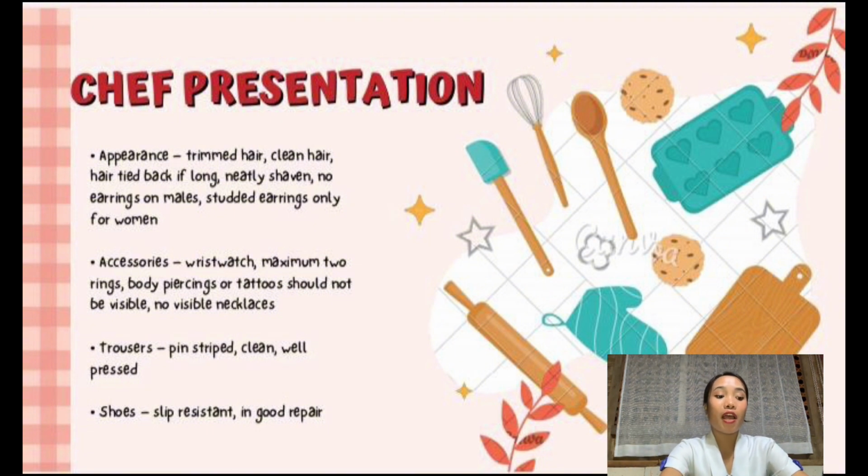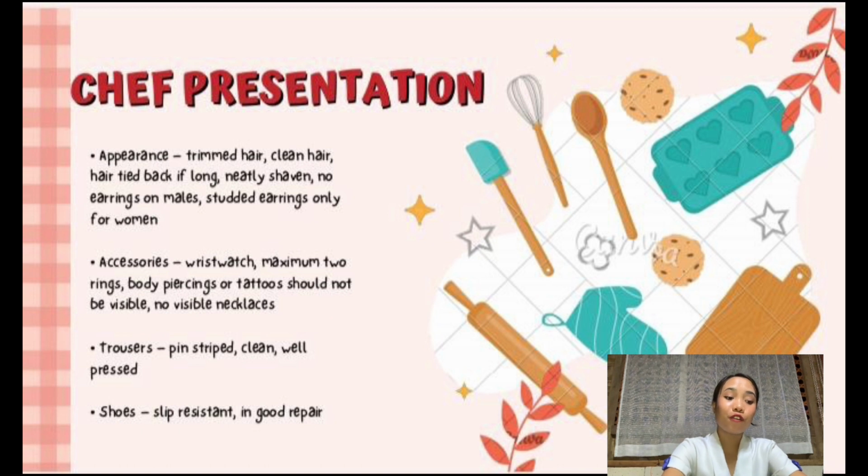So, in summary of the representation of a chef, being presentable as a chef is important for professionalism, food safety, customer perceptions, attention to detail, and leadership. So, being professional, you represent your establishment well.